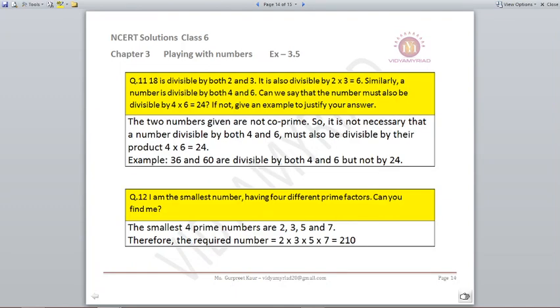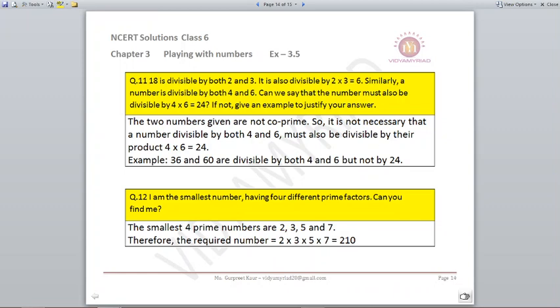Question number 11. 18 is divisible by both 2 and 3. It is also divisible by 2 multiplied by 3, which is equal to 6. Similarly, if a number is divisible by both 4 and 6, can we say that number must also be divisible by 4 into 6, which is 24? In that case, there should be one criterion, that the two numbers should be co-prime.